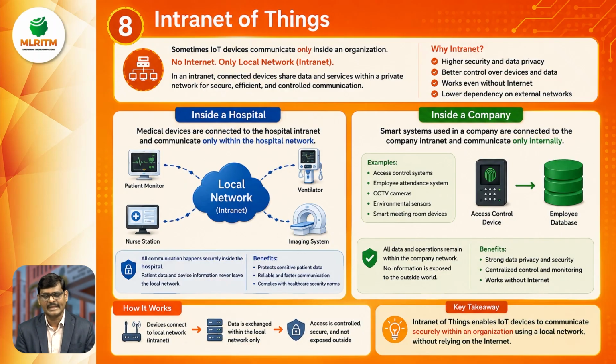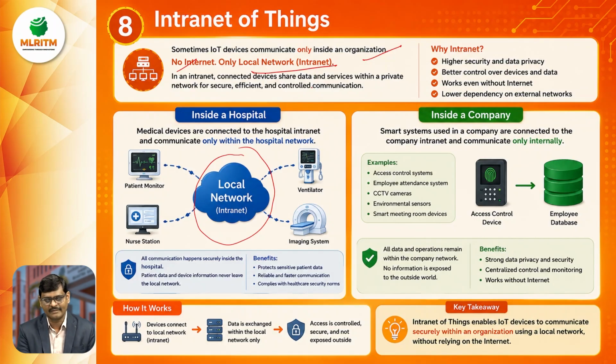The next one is the intranet of things. If you use the internet within a system or within one area, sometimes IoT devices can communicate only inside one organization, with no internet, connected only to the local network, called an intranet.